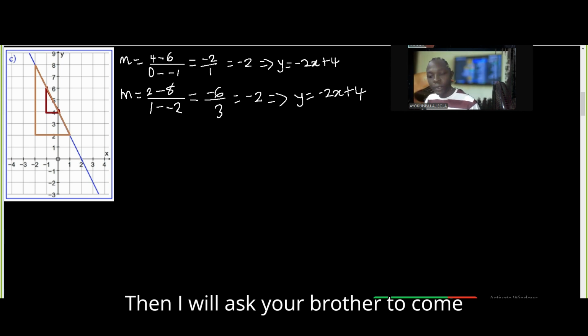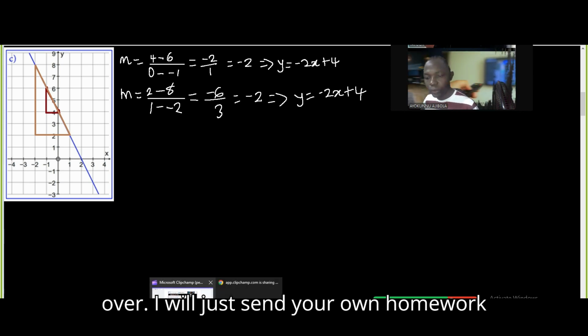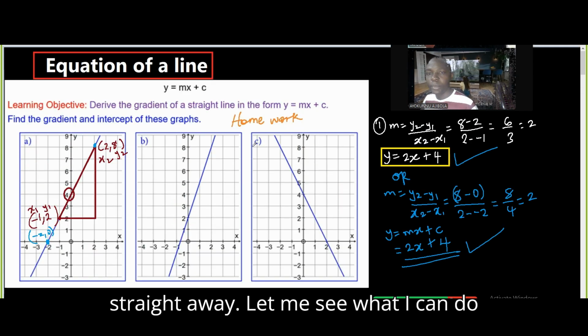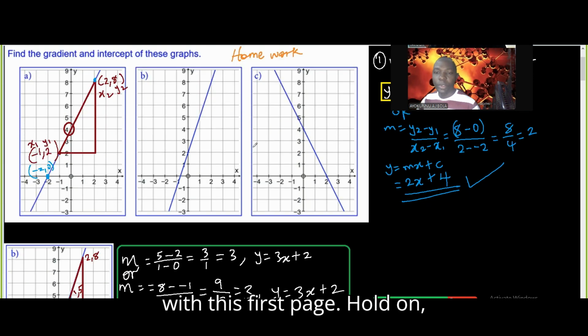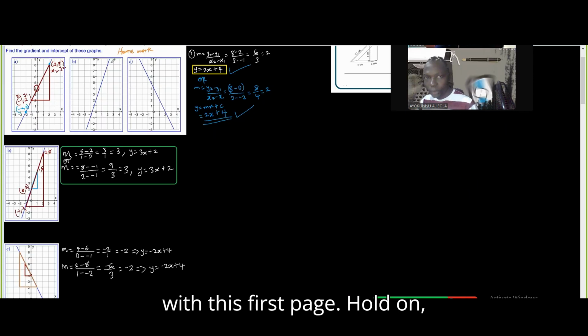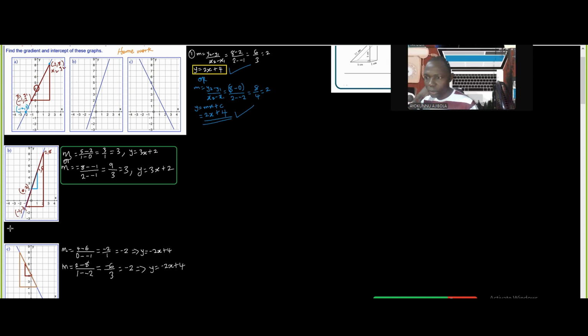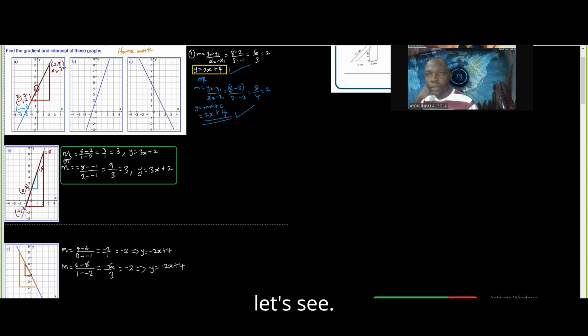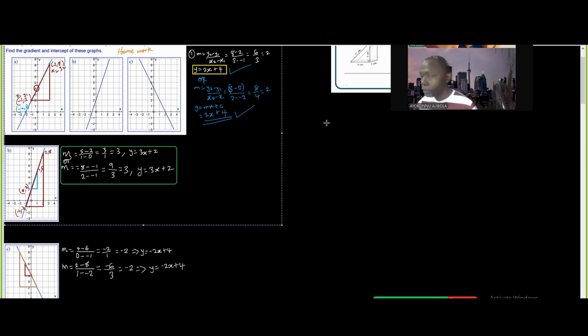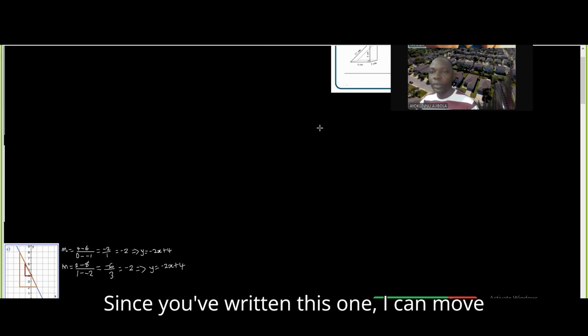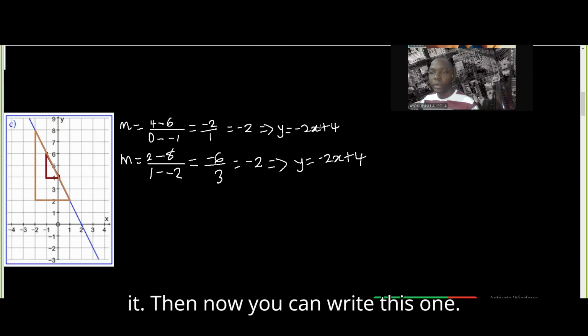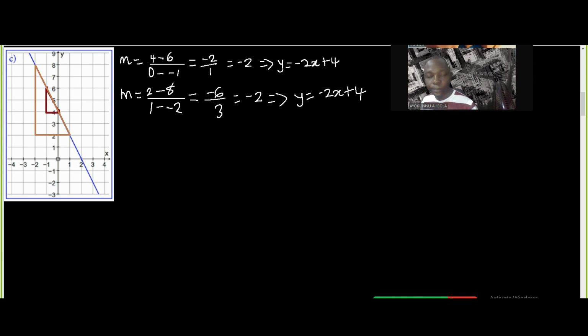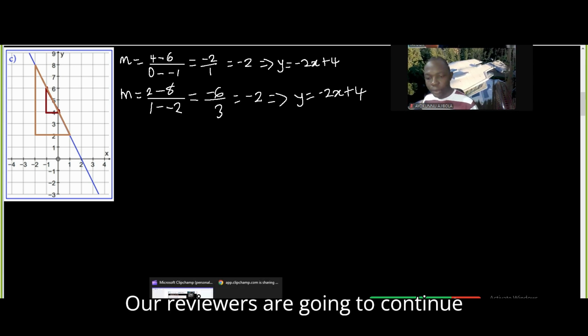Then I will ask your brother to come over. I will just send your own homework straight away. Let me see what we can do with this first page. Hold on. Since you've written this one, I can move it. Now you can write this one. All right, viewers, we're going to continue shortly.